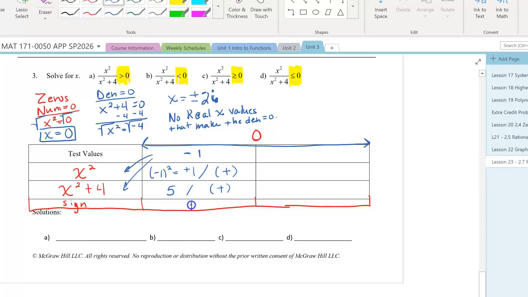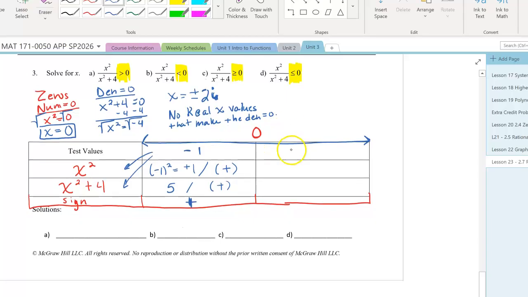So the sign of the entire function would be positive. Now let's pick a number to the right of 0. Let's say 1. Well, I'm going to get the same thing because when you square negative 1 and when you square 1, you get 1. So this is going to be positive and this is going to be positive, which means the whole function will be positive.